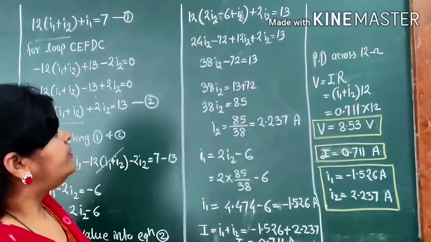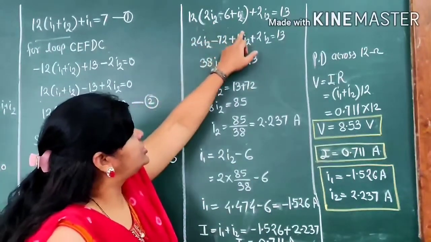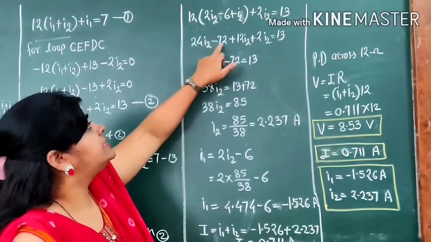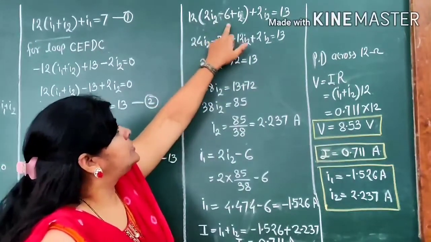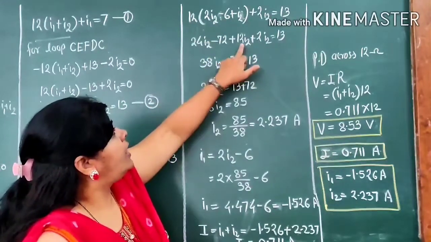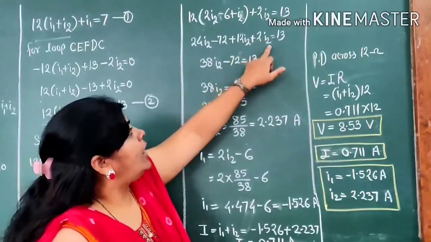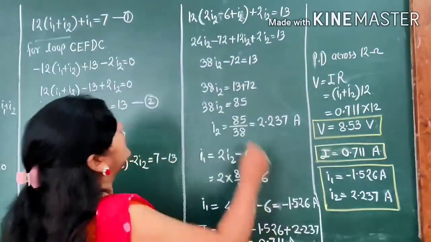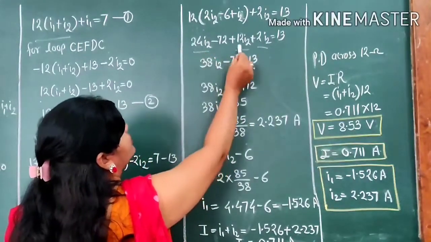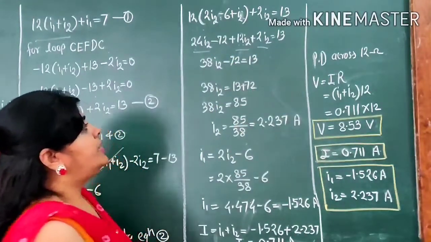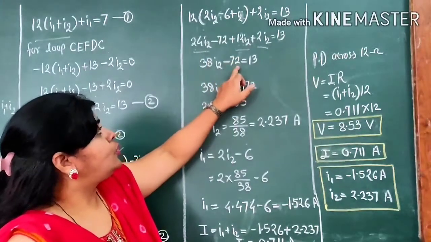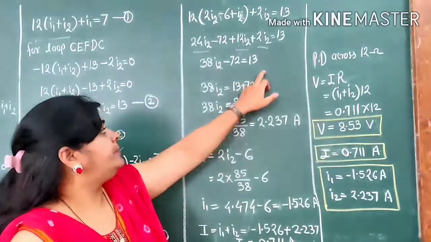Opening this bracket and multiplying by 12 for each term, we get the next equation: 24 I2 minus 72, 12 into 6 is 72, plus 12 into I2, 12 I2, plus 2 I2 is equal to 13. Next we add the values of I2: 24 plus 12 plus 2 becomes 38 I2 minus 72 is equal to 13.